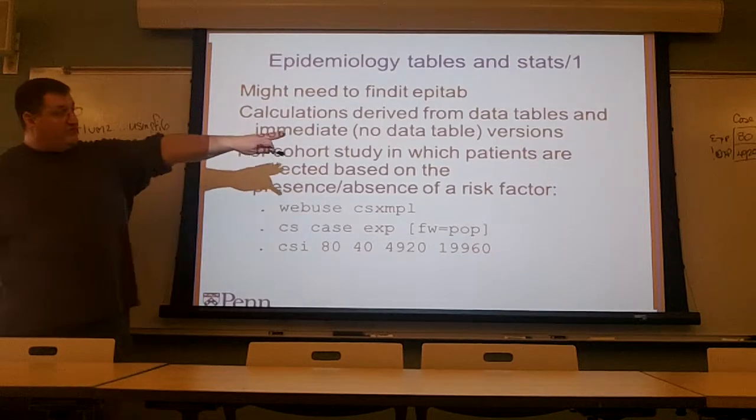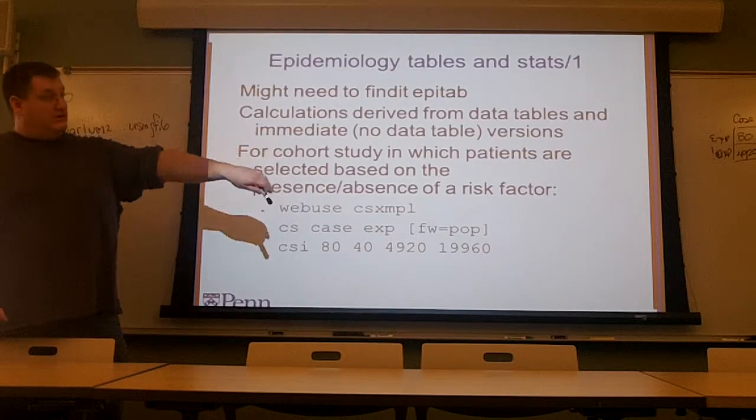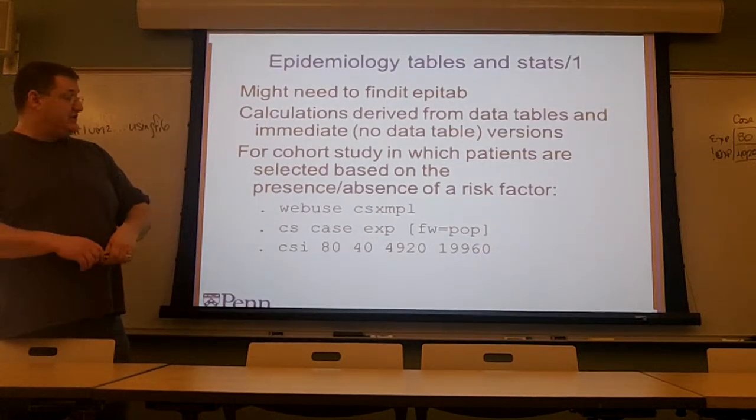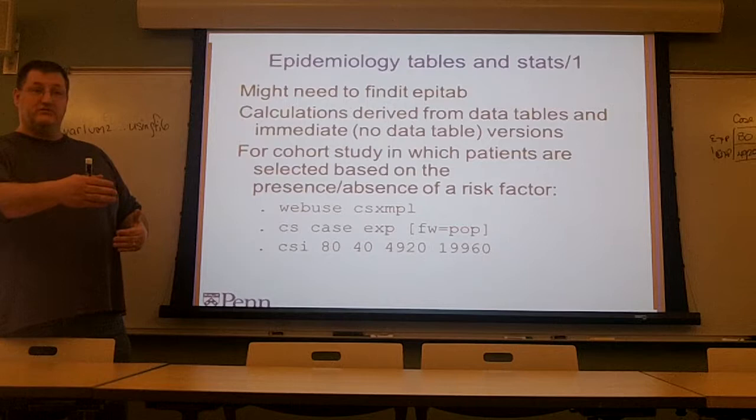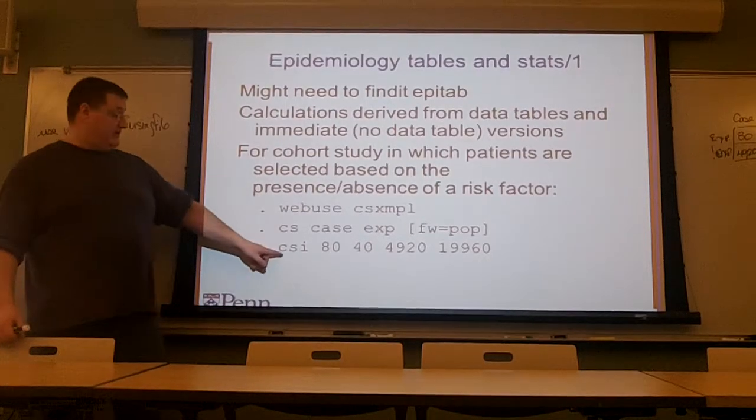If we have all of the information we need to compute an odds ratio, in this case the counts, we actually don't need all of the observations. We can use these immediate commands.